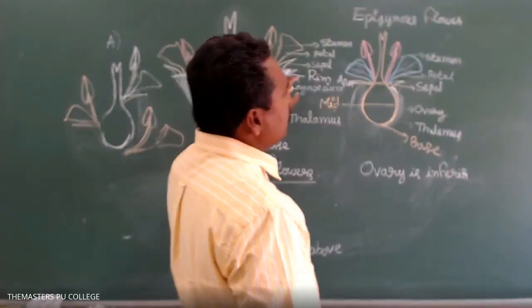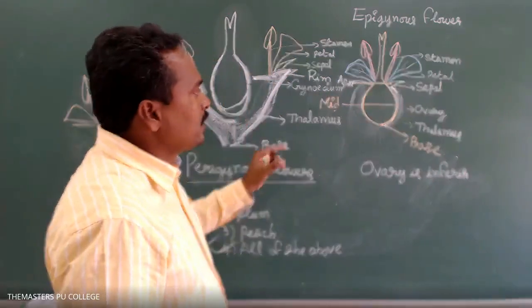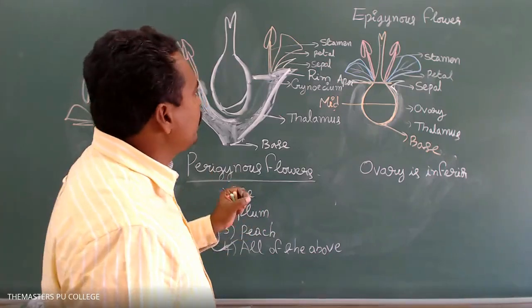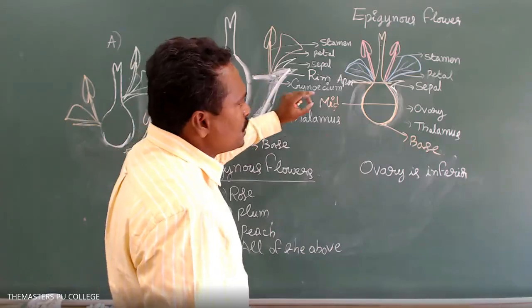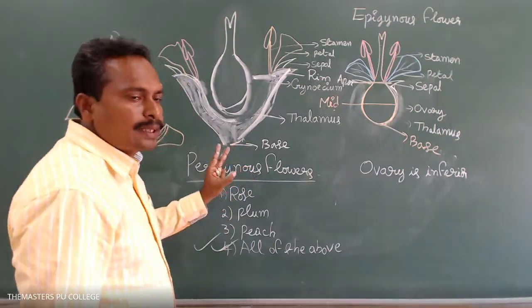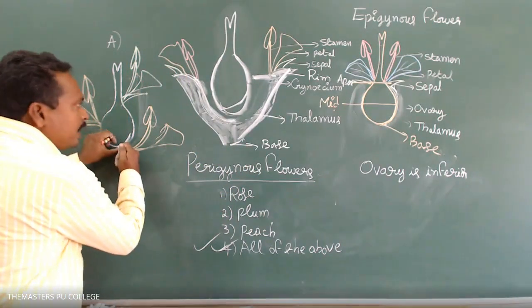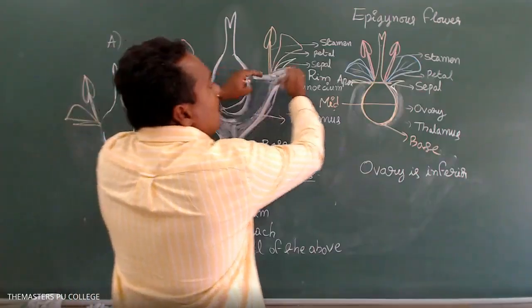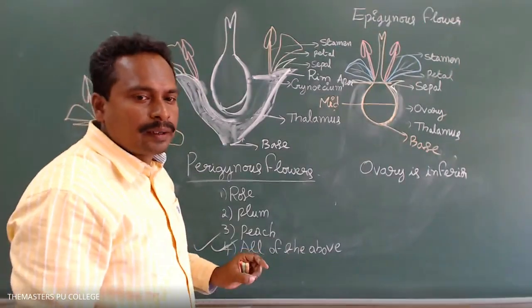Yes, but that is not the criterion. The main criterion is the position of the ovary with respect to the other floral leaves. You have to consider whether they are derived from below the ovary, superior, or above the ovary, inferior. That is the main criterion. Okay, thank you, sir. You're welcome.